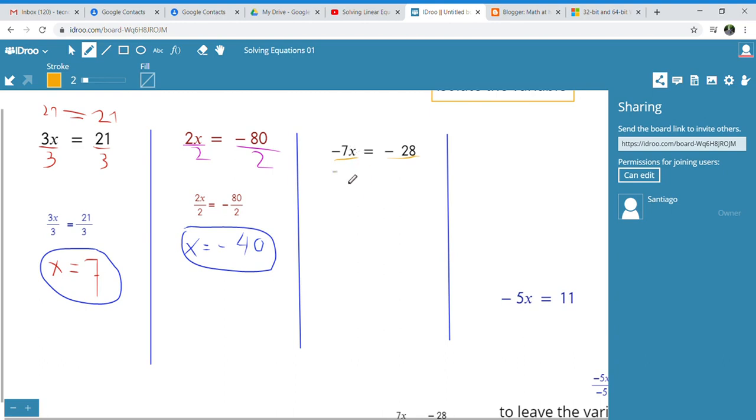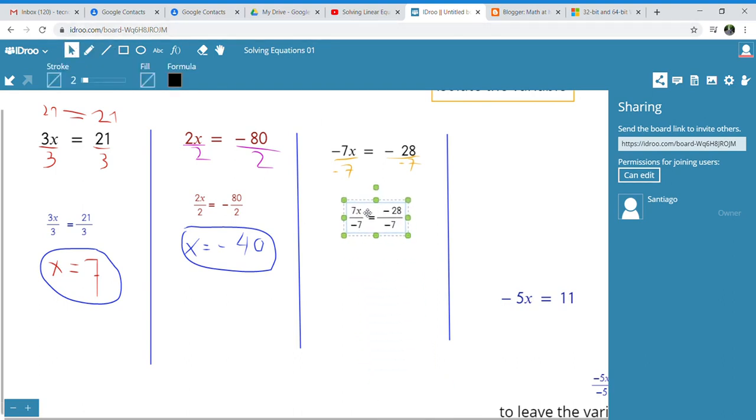You are right. It is minus 7, because when you divide minus 7x by minus 7, you get x. And the same if you divide minus 28 by minus 7.